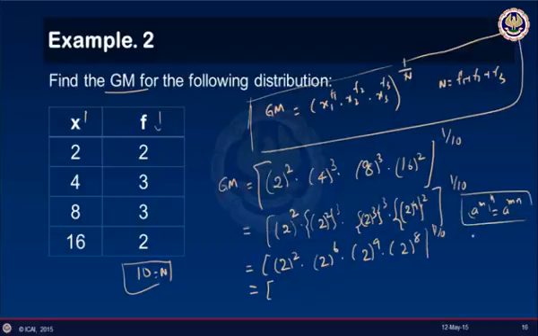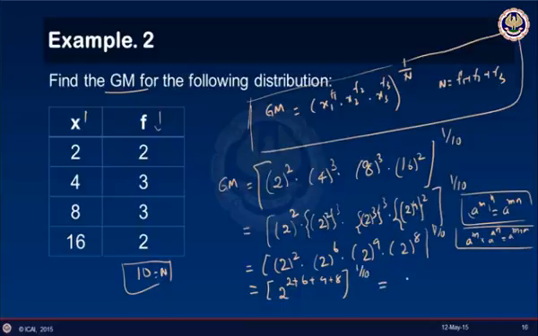The second formula is a to the power of m into a to the power of n equal to a to the power of m plus n. These are all fundamental laws in arithmetic. Now look at 2 to the power of 2 plus 6 plus 9 plus 8, whole to the power of 1 by 10.